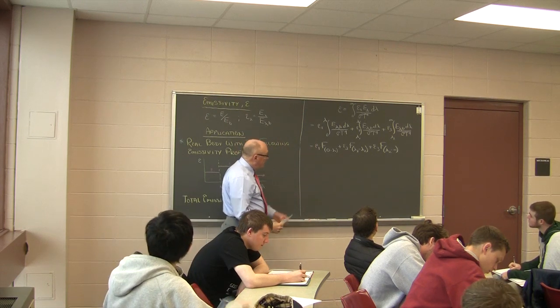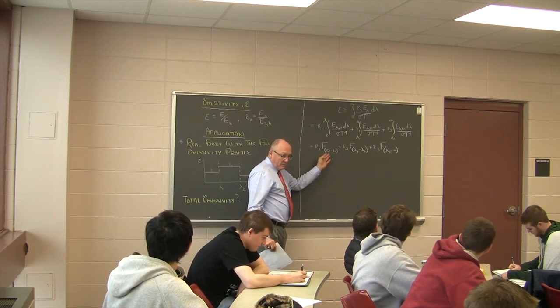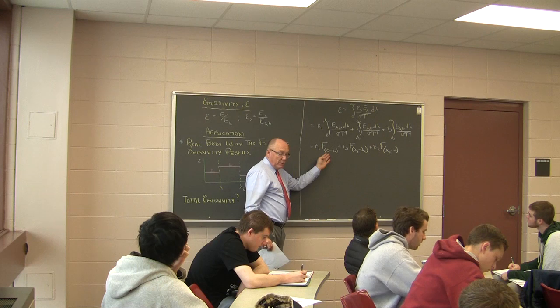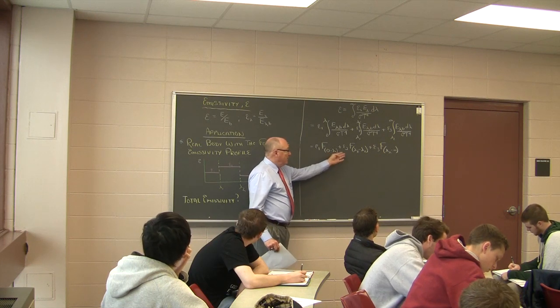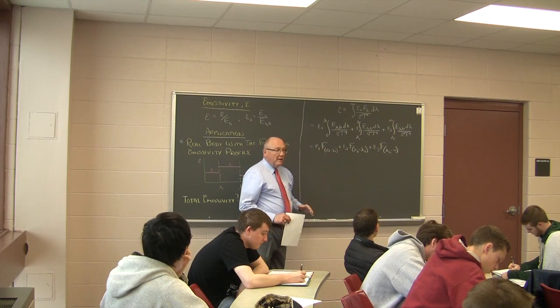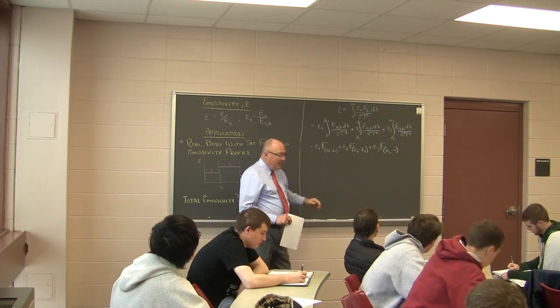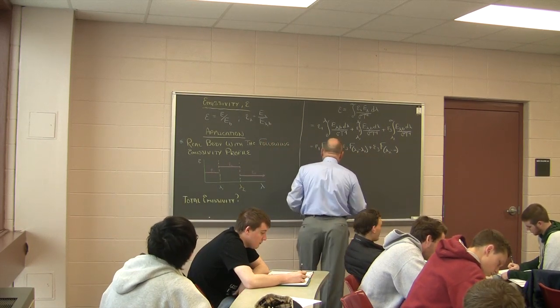Now, this one we can look up in the table, right? If we know lambda 1 and we know the temperature. This is a different story. This is where we're going to have to go back to what we learned in the previous class, and then I'll ask how we deal with this.